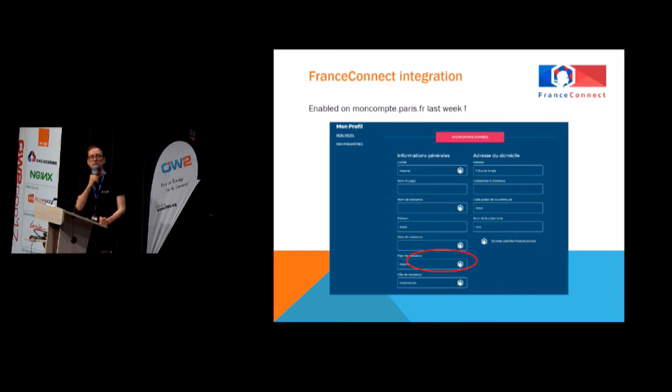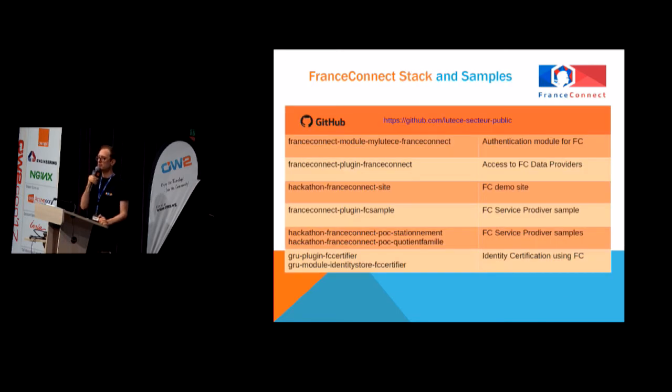So you can now certify your name and other attributes, and you never have to communicate them again. If you're interested in France Connect, you can check out all these links. They will show you how we use France Connect in Lutece, how you can use it, and different demos.